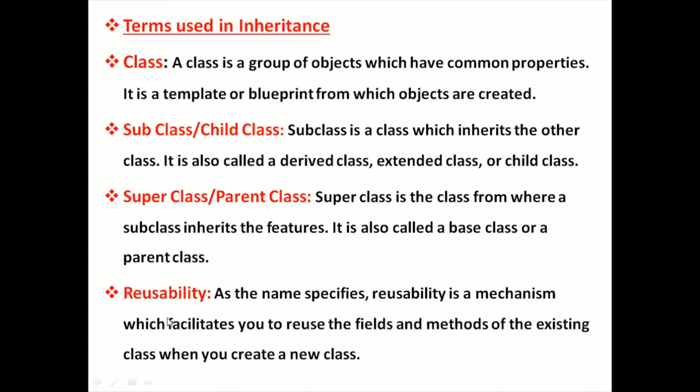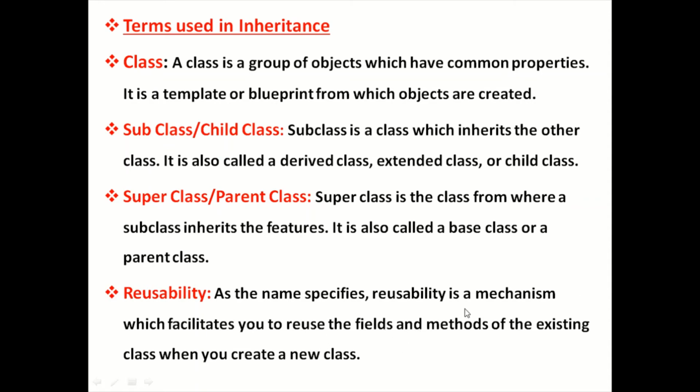And the next one, reusability. As the name itself shows, it means using the same things. Reusability is a mechanism which facilitates you to reuse the fields. Fields are nothing but column names.